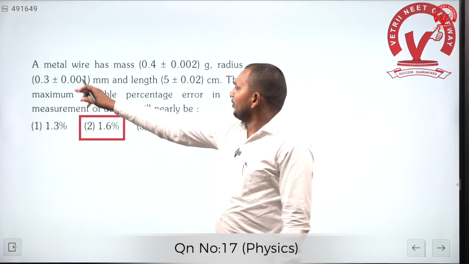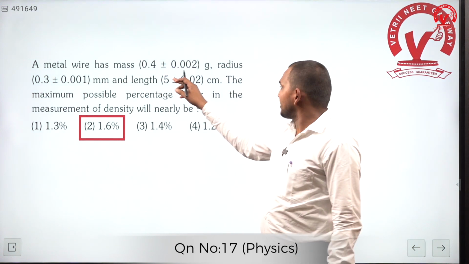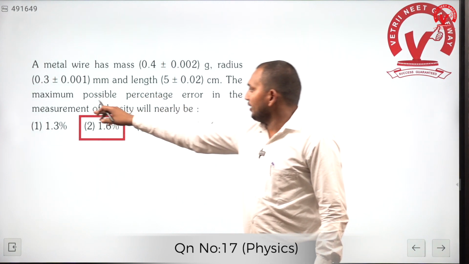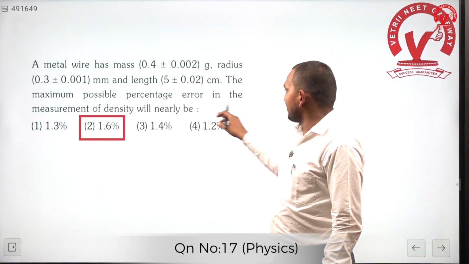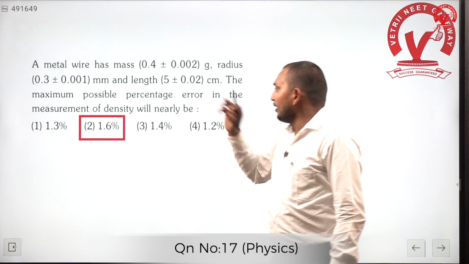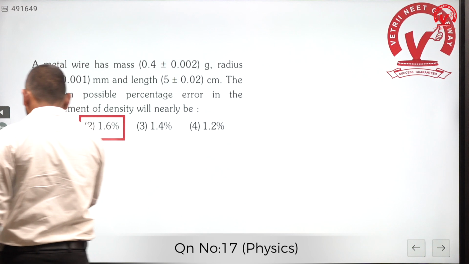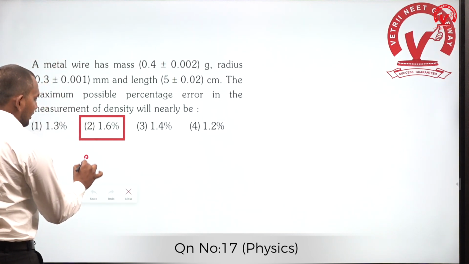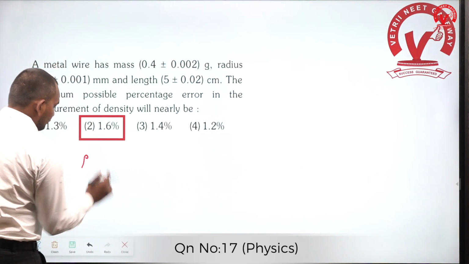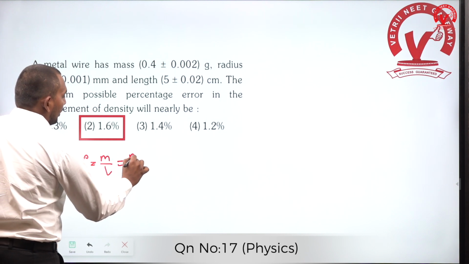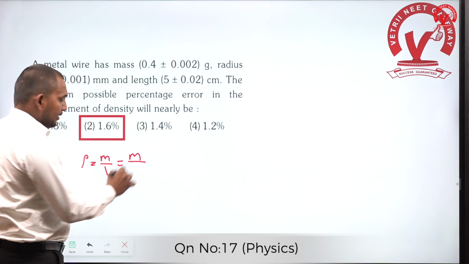Here a metallic wire has mass they gave, radius they gave and length they gave. What is the maximum possible percentage error in the measurement of density? We know the basic formula for density. Density rho is equal to mass by volume. Volume, how can we write?